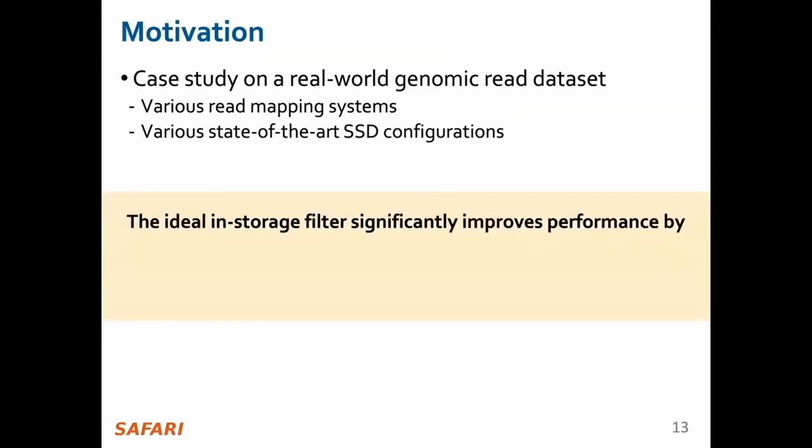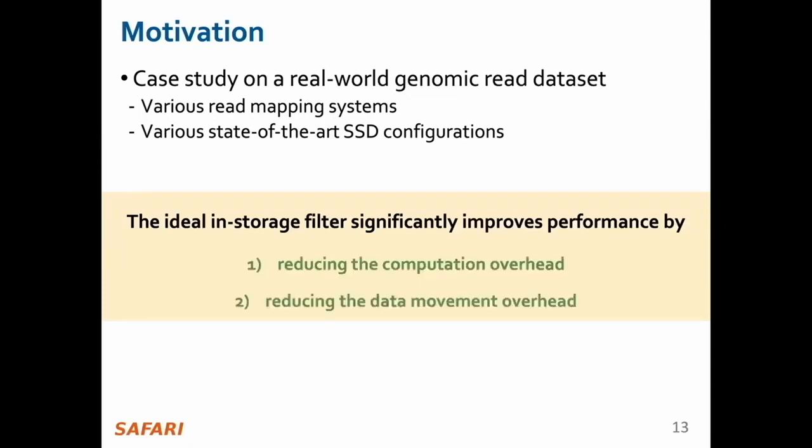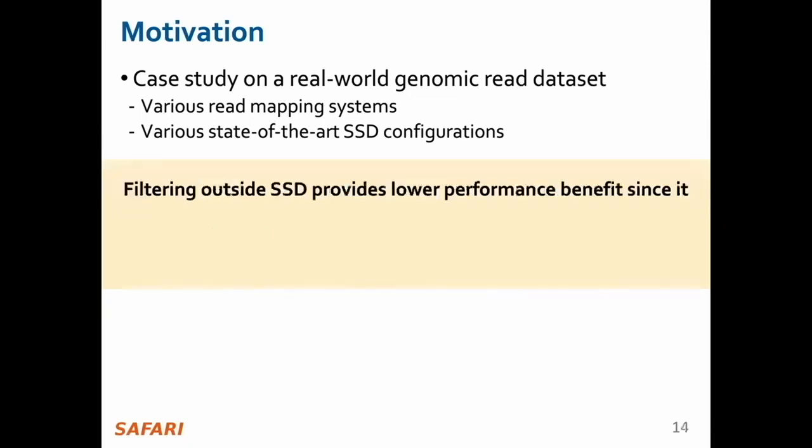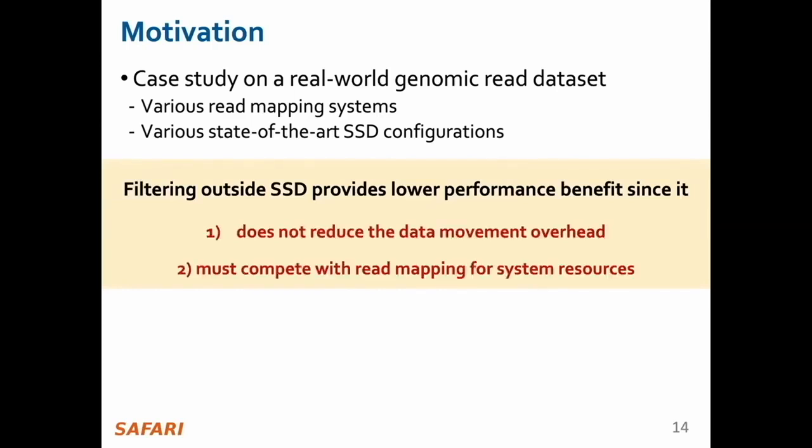First, the ideal in-storage filter can significantly improve performance by reducing the computation overhead and data movement overhead from storage. And second, filtering outside the SSD provides lower performance benefits compared to an ideal in-storage filter because it does not reduce the data movement overhead from storage, and also it must compete with read mapping for resources across the system, for example, compute resources, memory bandwidth, and external SSD bandwidth.